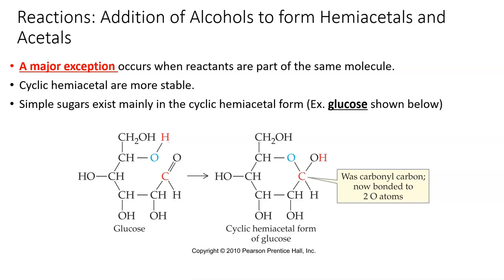The major exception is when these are happening on a ring. In the last lecture, I showed you a structure of the sugar molecule. This is glucose, and it's able to form this cyclic ring.